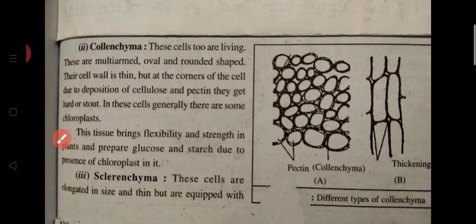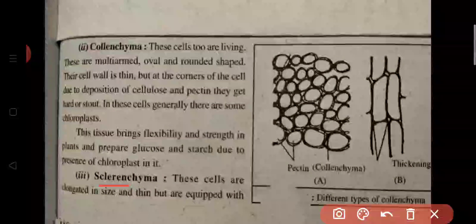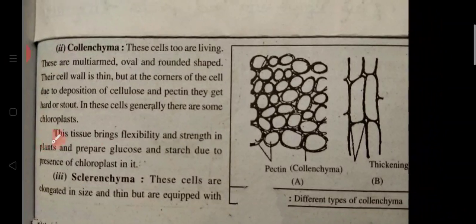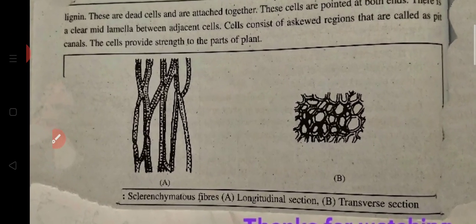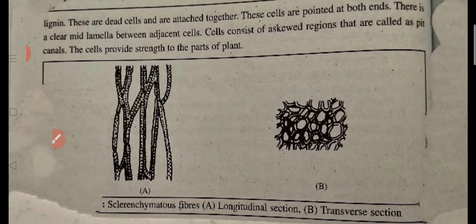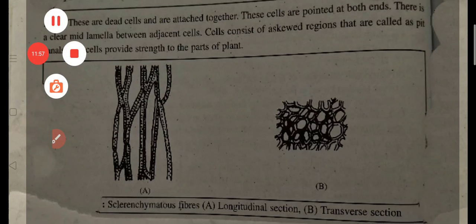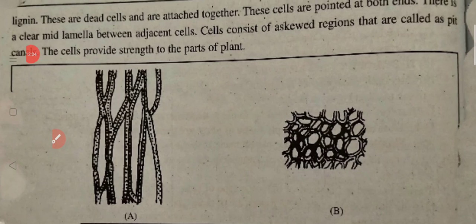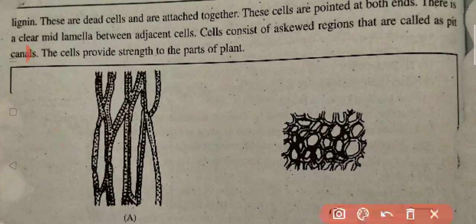Now we will study about the Sclerenchyma. These cells are elongated in size and thin, but are equipped with lignin. Lignin is a very hard substance, so due to lignin, these cells are dead cells and are attached together. These cells are pointed at both ends.